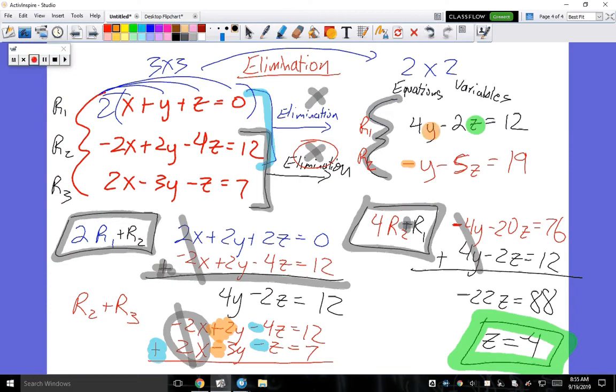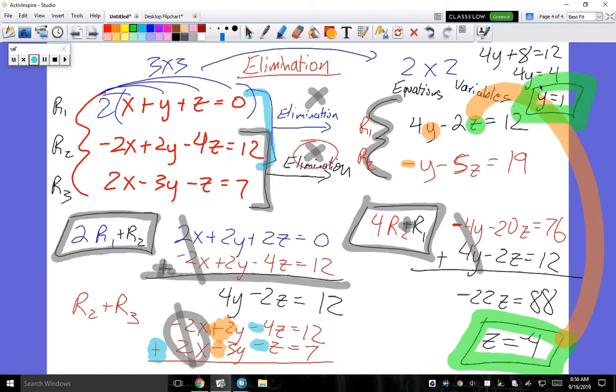So you plug in negative 4 right here, and you would get 4y. Negative 2 times a negative 4 is a positive 8. And if you subtract, you get 4y is equal to 4. So what's y? 1.